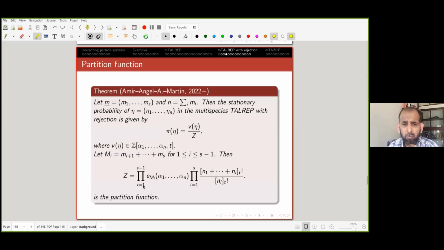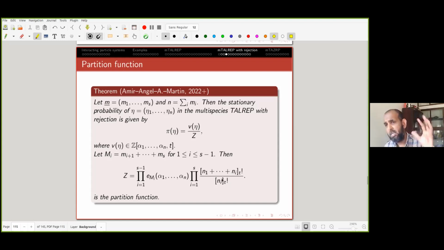And what we prove is that the stationary distribution is again proportional to some polynomial with integer coefficients of alpha 1 to alpha n and t. And the denominator, which is the partition function, has the same elementary symmetric function product as before, and a product of ratios of t factorials.